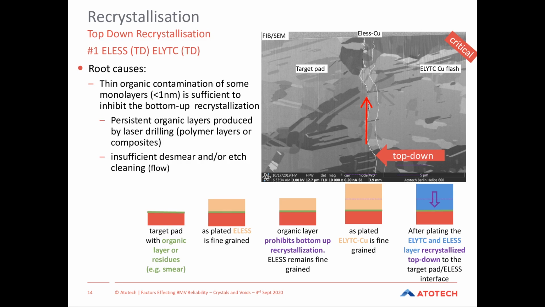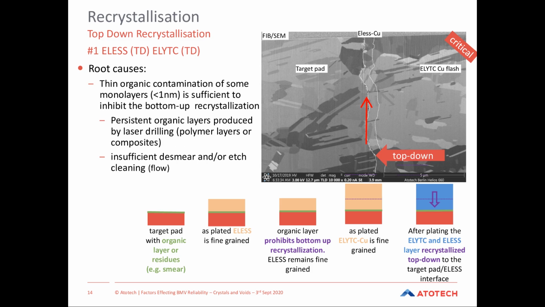If we look at the schematic at the bottom, you essentially start with a target pad which is physically contaminated. There's something on the surface, whether it's an oxide or residue from poor desmear and incomplete cleaning. The electroless is deposited. Because of that barrier, the recrystallization front can't move, so it's pinned. So the electroless doesn't recrystallize. It stays as the fine grain in its as-deposited state.